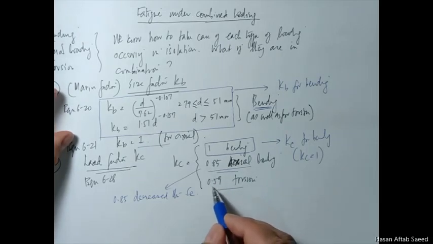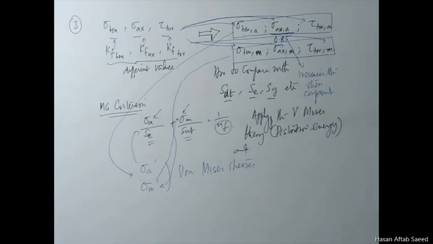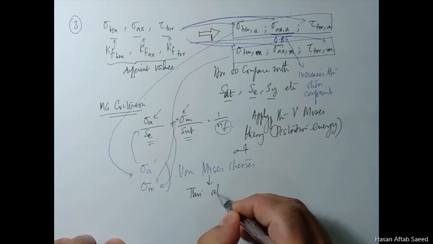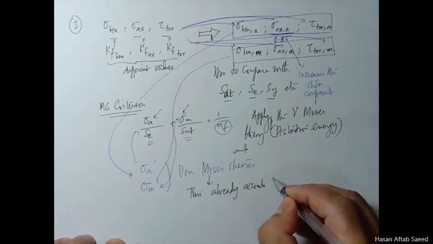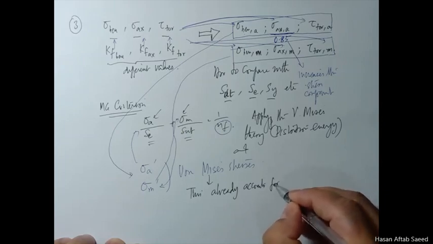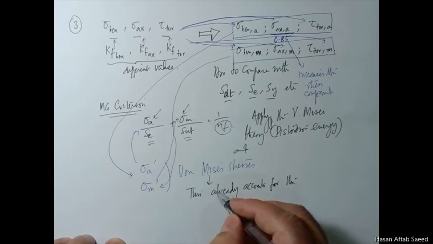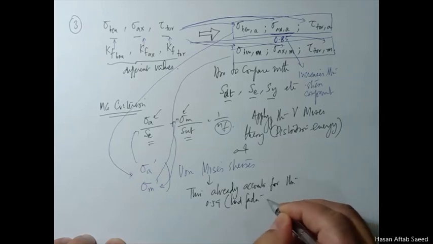As far as this 0.59 load factor for torsion is concerned, you don't apply it, because the von Mises stress already accounts for the 0.59 load factor for torsion.